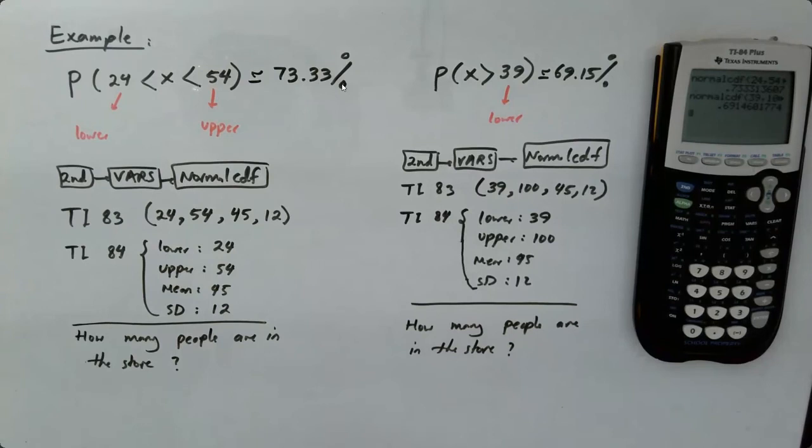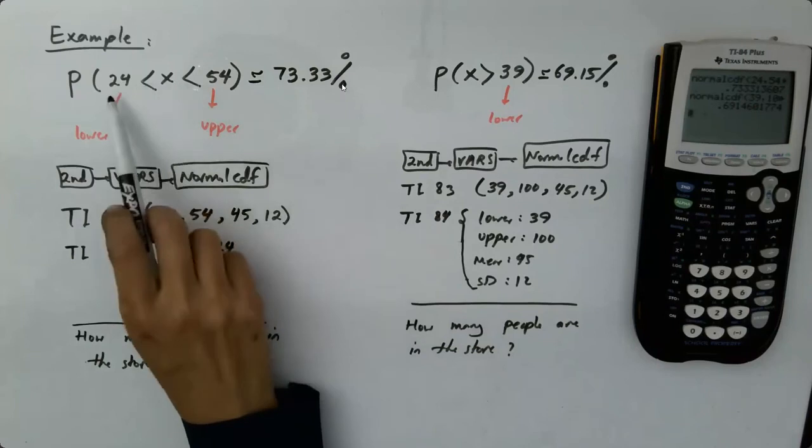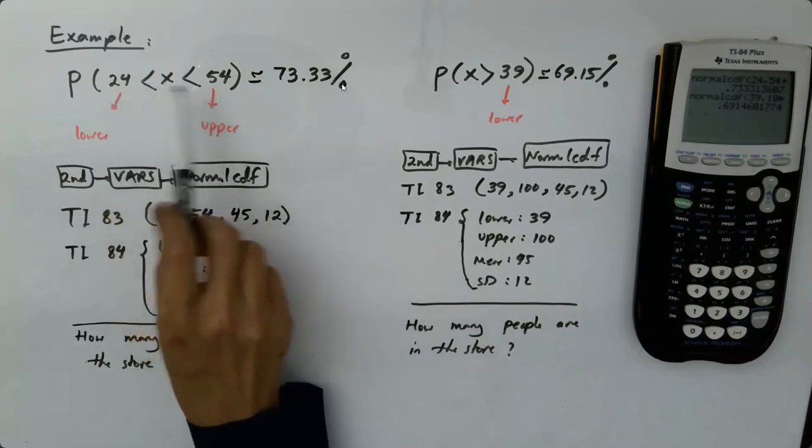What are we going to do? Well, this calculation is just a basic calculation. Remember that the question says, suppose you have 200 shoppers enter the store. What is the number of people who spend between 24 to 54 minutes in the store?